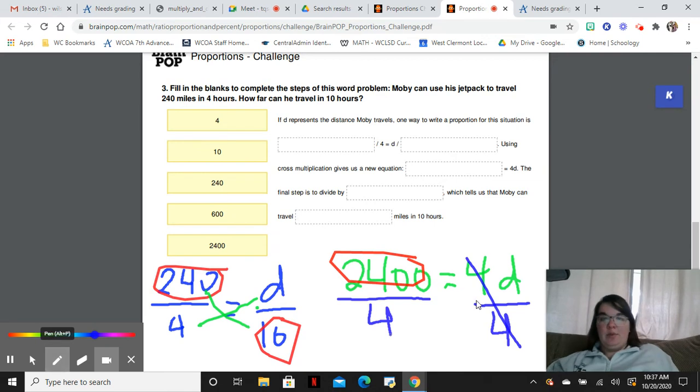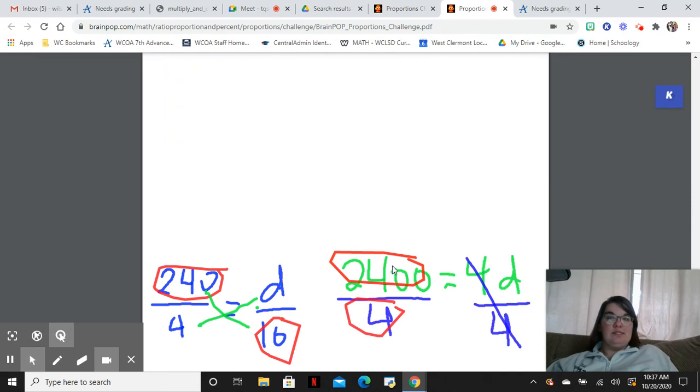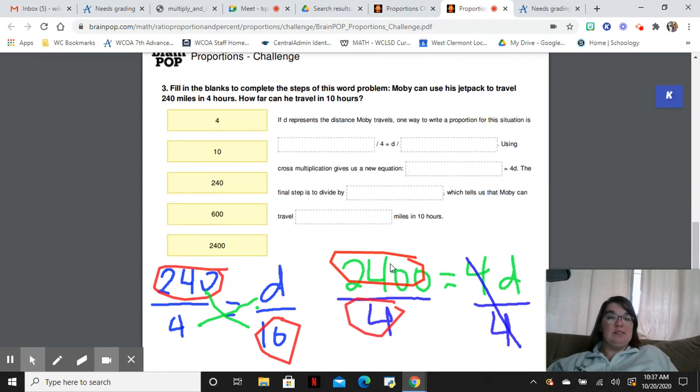So we'll put final step is divide by 4, which tells us Moby can travel blank miles in 10 hours. So once we do this 2,400 divided by 4, we should find out that he can travel 600 miles in 10 hours, which will go there.